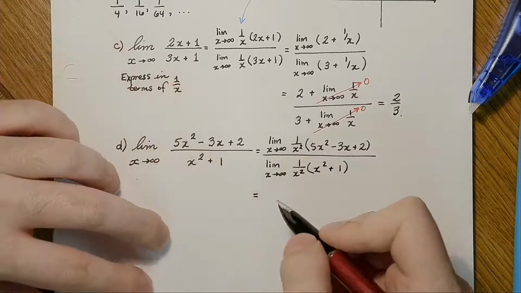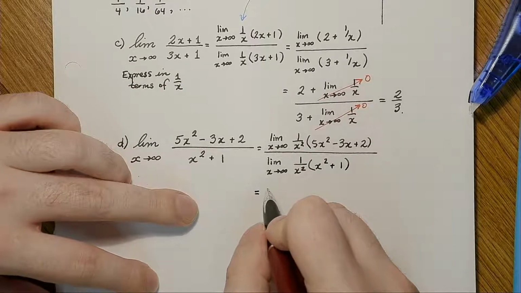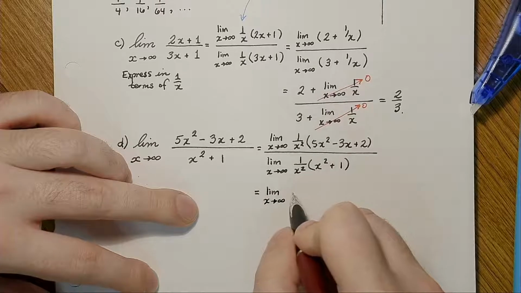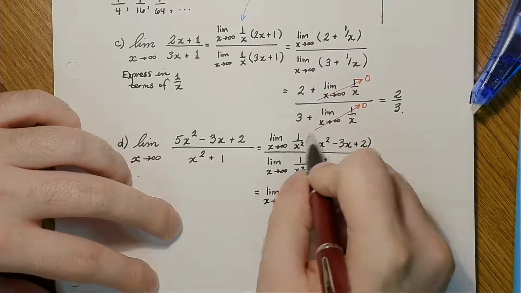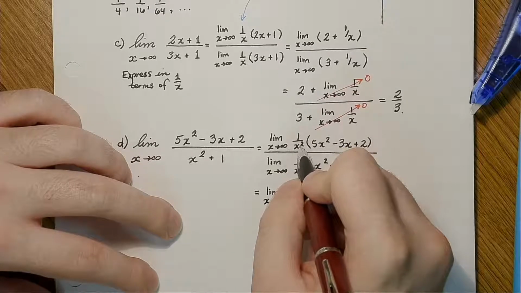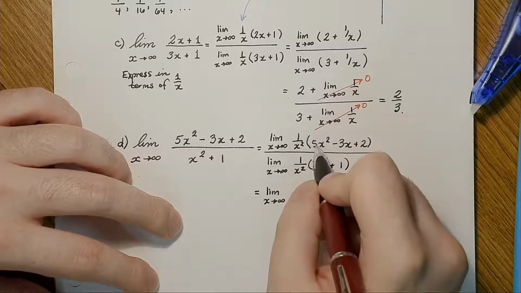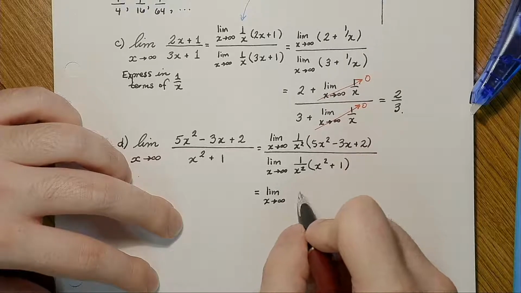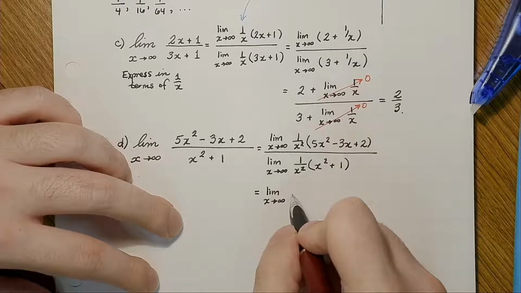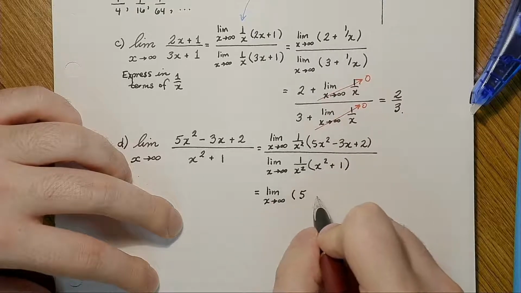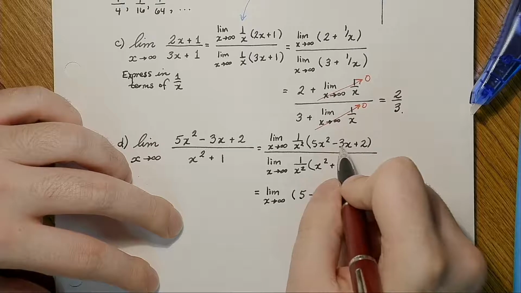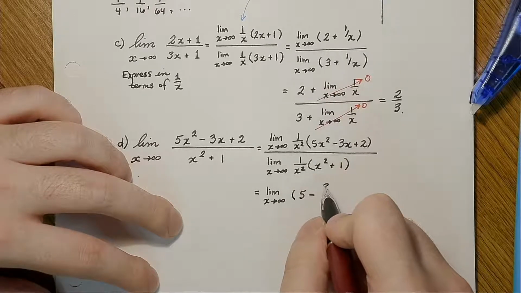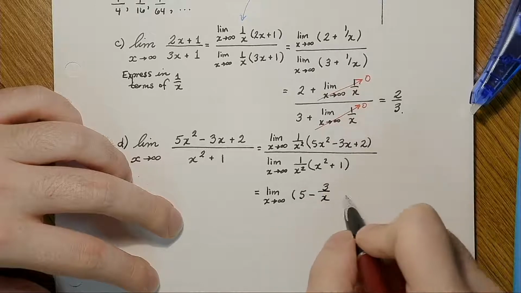So I can start to do a little bit of simplification. Just distributing this 1 over x squared to each of these terms, I have 5x squared gets canceled by the x squared. So I'm just left with 5 minus, I have x divided by x squared, so I just have a 3 over x here.